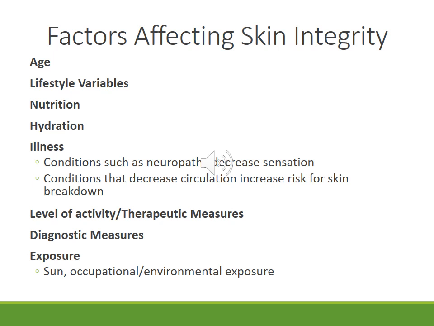And so, the same with IV drug use, them using possibly a contaminated needle would affect their skin integrity, place them at increased risk for infections, so things like that.